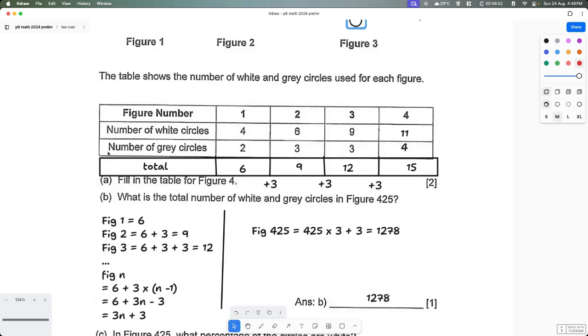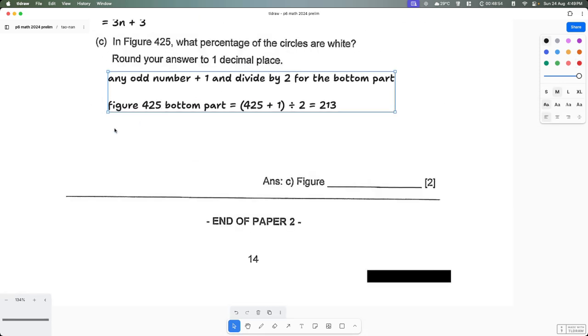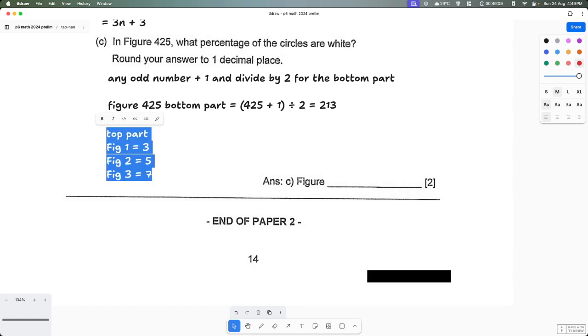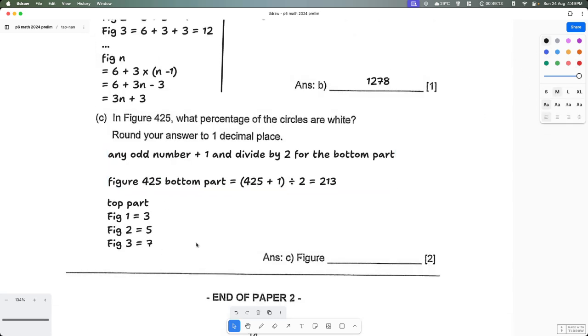So for this top part, figure 1 is equal to 3, figure 2 is equal to 5, figure 3 is equal to 7. So it's basically just plus 2. Same thing with this.